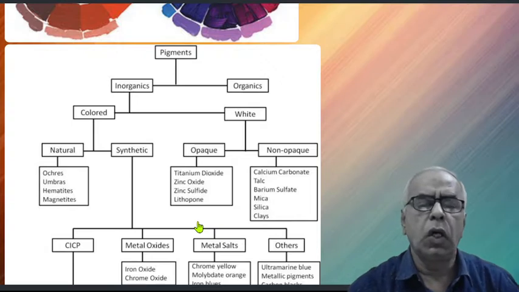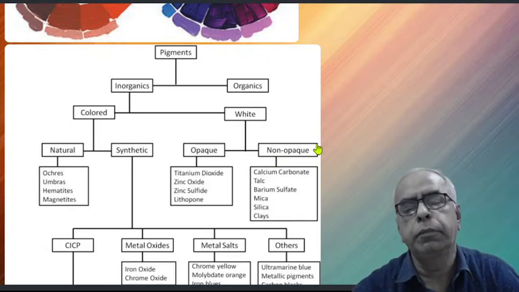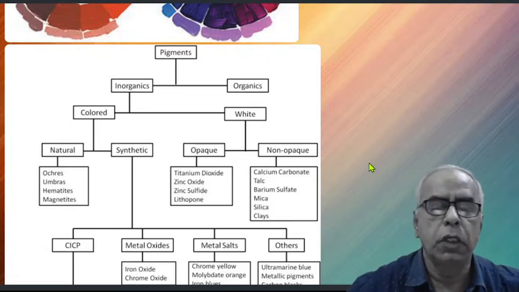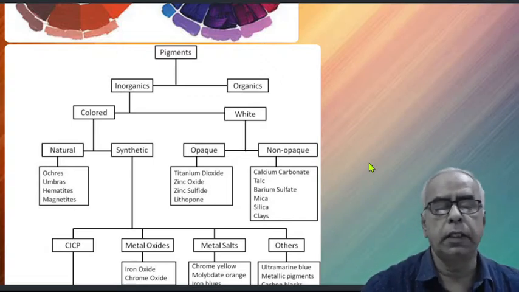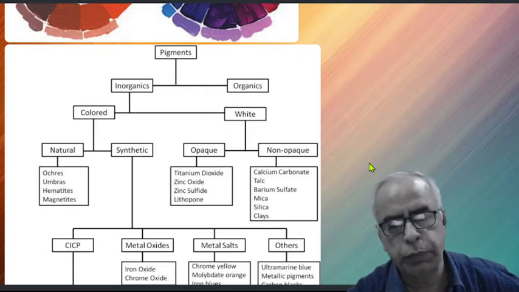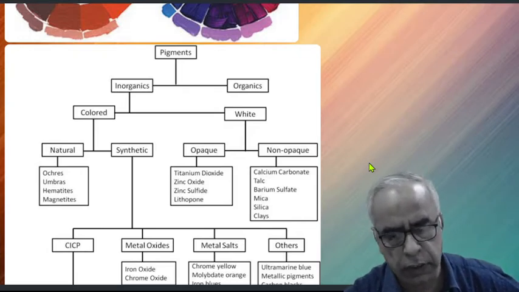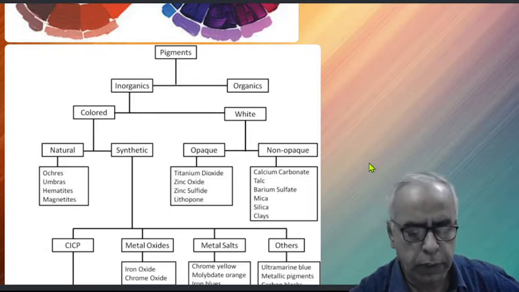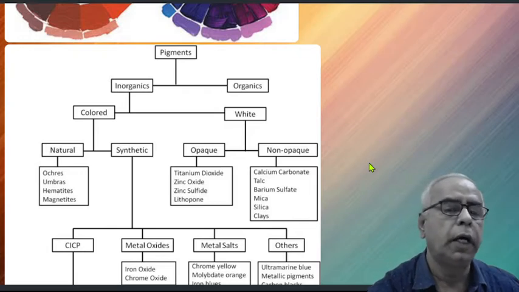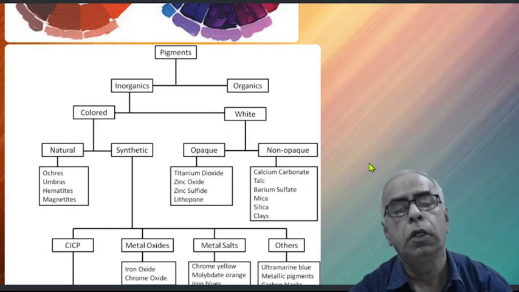There are some non-opaque, that is non-hiding pigments like calcium carbonate, talc, barium sulfate, mica, silica, clays, etc. They are all called pseudo pigments or false pigments. They can also be called extenders. By adding them suitably, we can reduce the cost also, but without compromising on the hiding power and other important quality parameters of the finish.